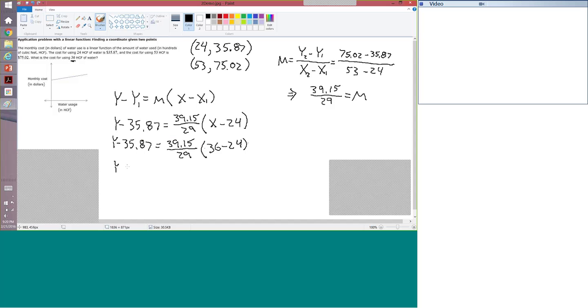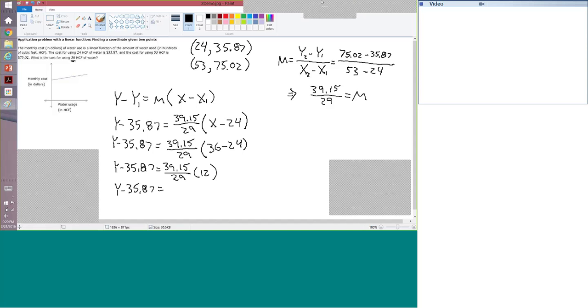So that gets us y minus 35.87 is equal to 39.15 over 29 times 12. So we have y minus 35.87 equal to, and I'm going to go ahead and do that in my calculator.